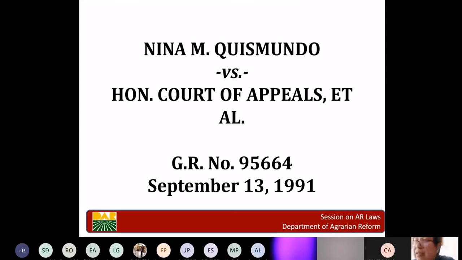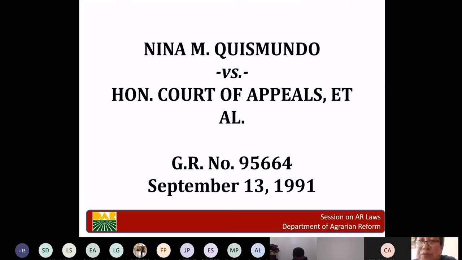We all know that shared tenancy is already outlawed because it is against public policy, and all shared tenancy under 1199 automatically and by operation of law shall be converted into leasehold tenancy as provided for under RA 6389. So that's why the tenant of Nina filed a case before the RTC for the change of their relationship.